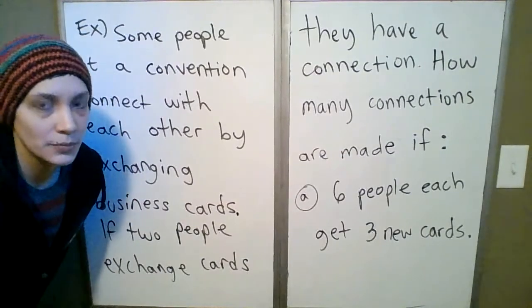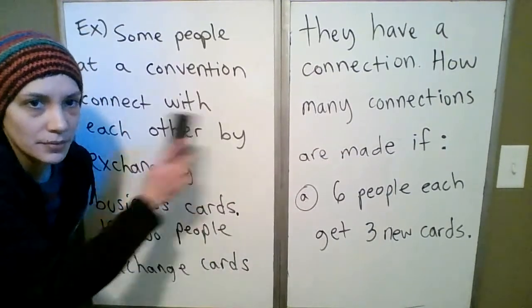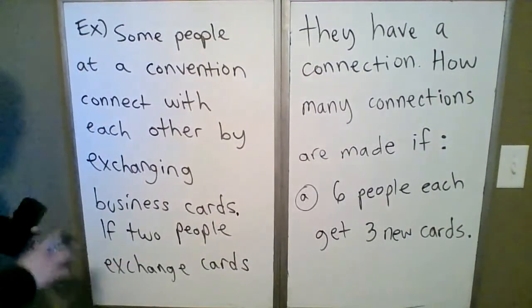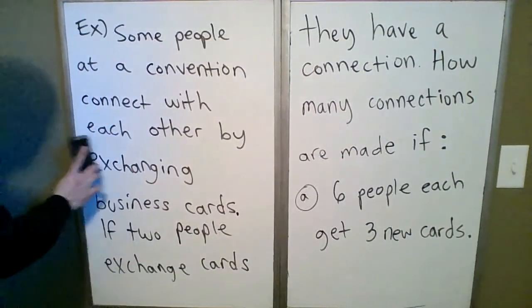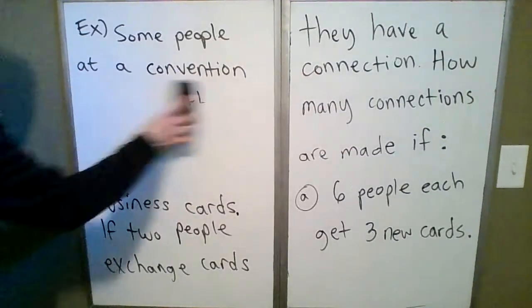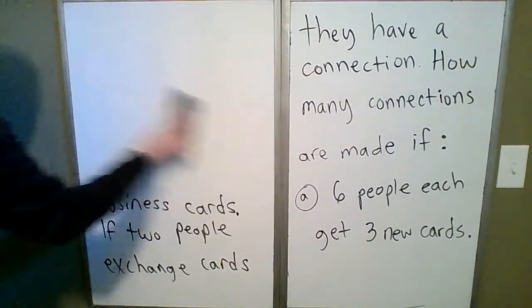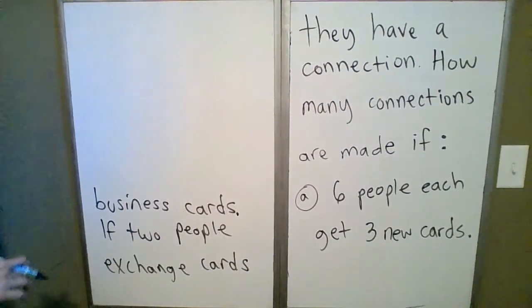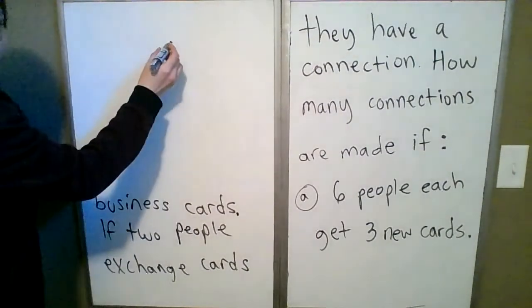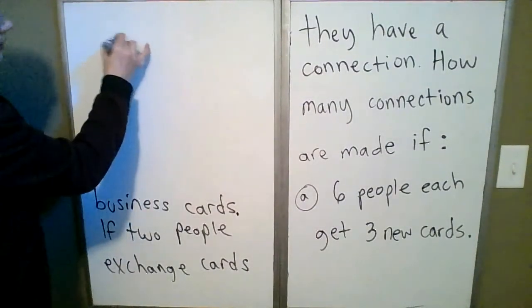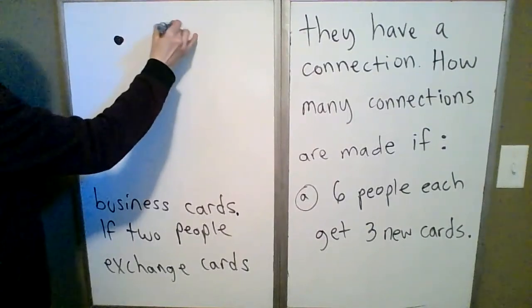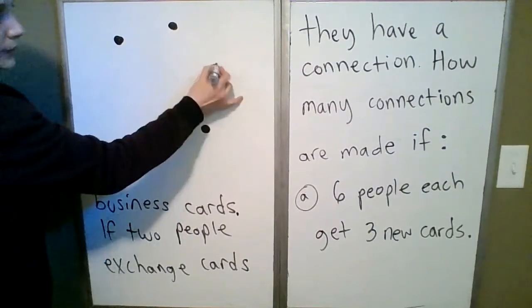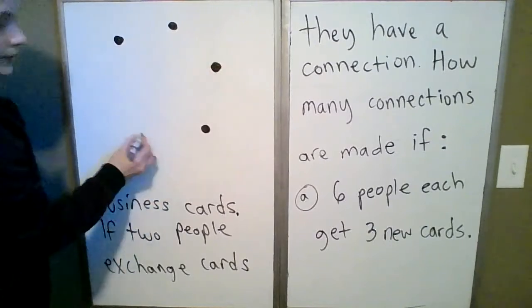Okay, so first we're going to draw our 6 people in a circle. One, two, three, four, five.